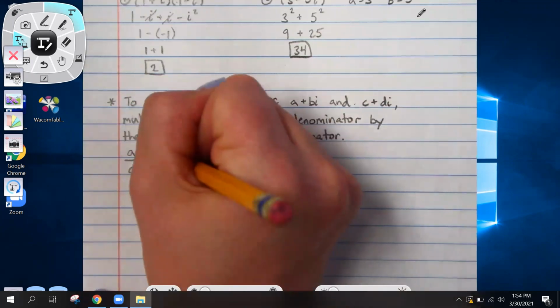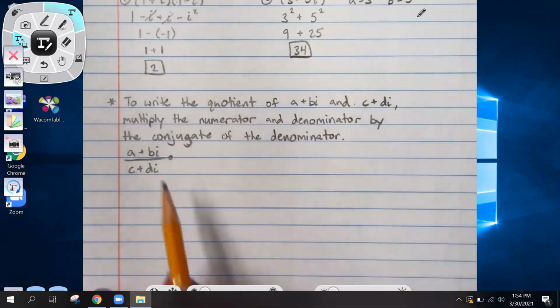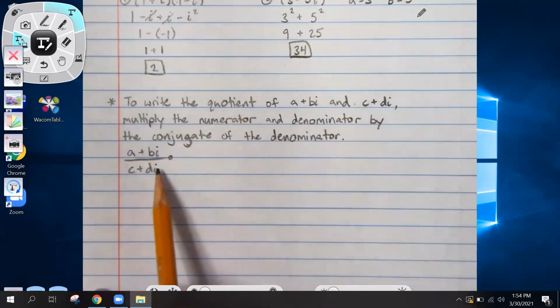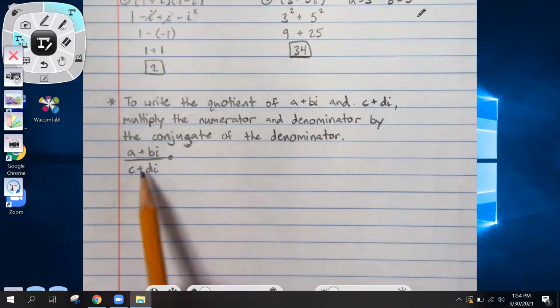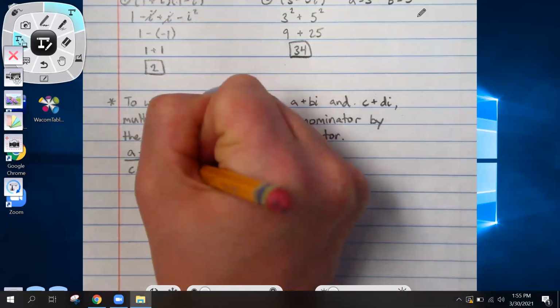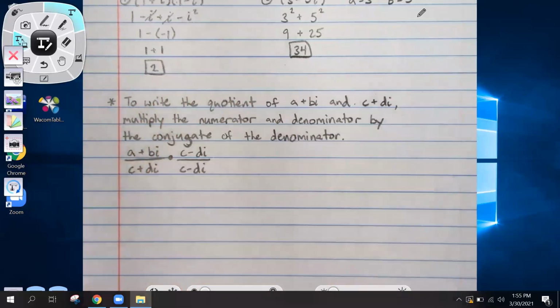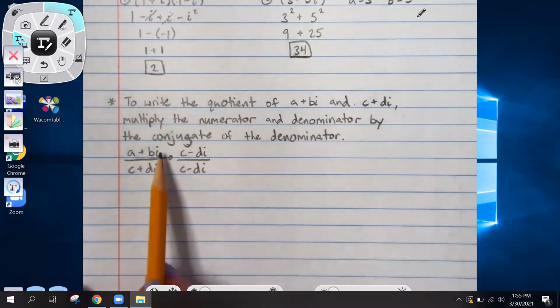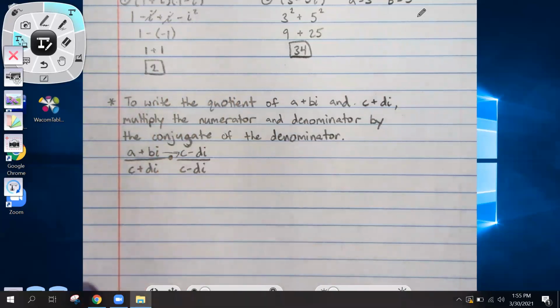What we're going to do is multiply both the numerator and denominator by the conjugate of the denominator, which would be c minus di. So we're multiplying the numerator by c minus di and the denominator by c minus di.